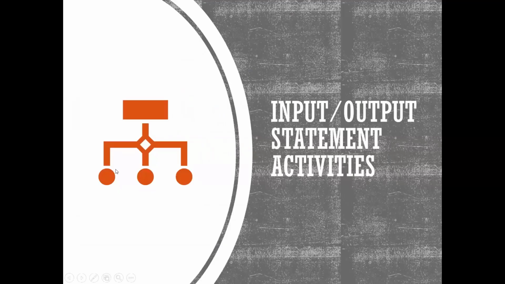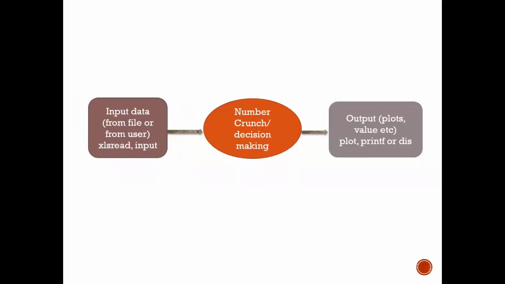So this week is focused on input-output statements. What the heck does that mean? For those of you who have done some programming, this should be fairly straightforward. But if you don't know programming, this is all very new. So it's worthwhile saying that you usually have a program. In this case, we have a script. And the script is going through a list of commands or instructions or number crunching, say, or decision making.